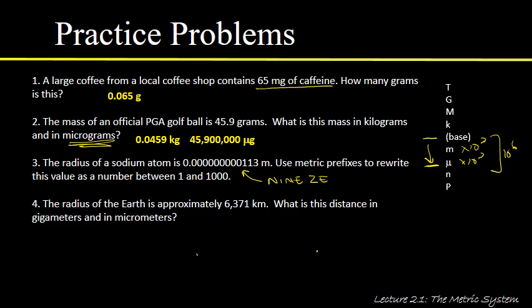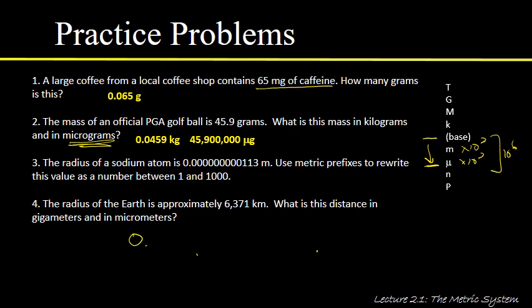There are 9 zeros here, right? 0 point, and then 9 zeros, then 113. And when you convert that from meters to, well, let's see. Okay, let's do this one because this one is a little bit different. We don't actually know what unit we have to use, so we'll have to go the other direction. We'll move our decimal first and then figure out the units.